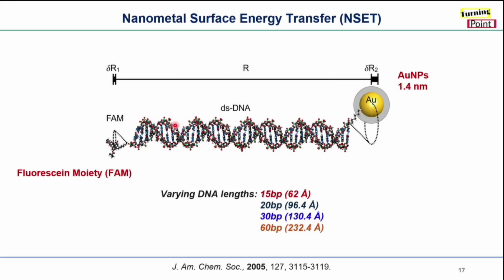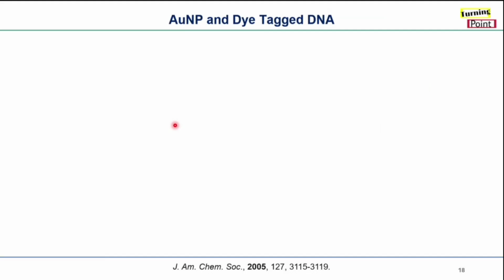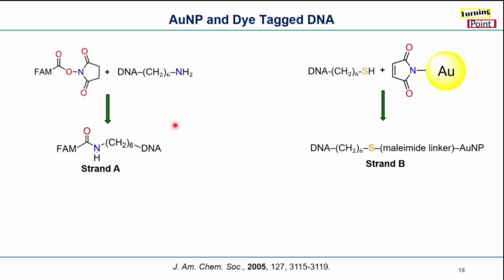Before looking at the results, it is important to understand how the Au nanoparticle and the dye are linked to the double-stranded DNA. Here, the system is constructed using two single-stranded DNAs. One is functionalized with the donor dye and the other with the gold nanoparticle.